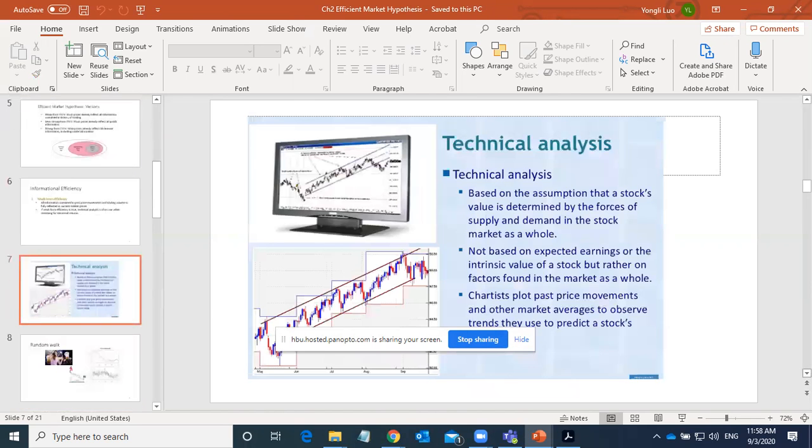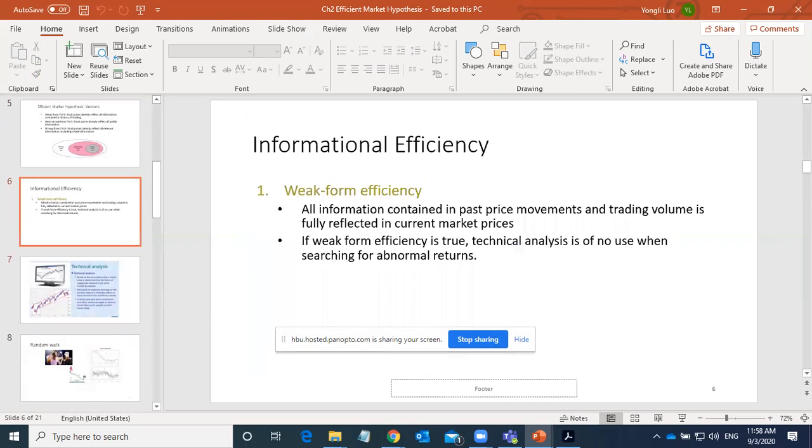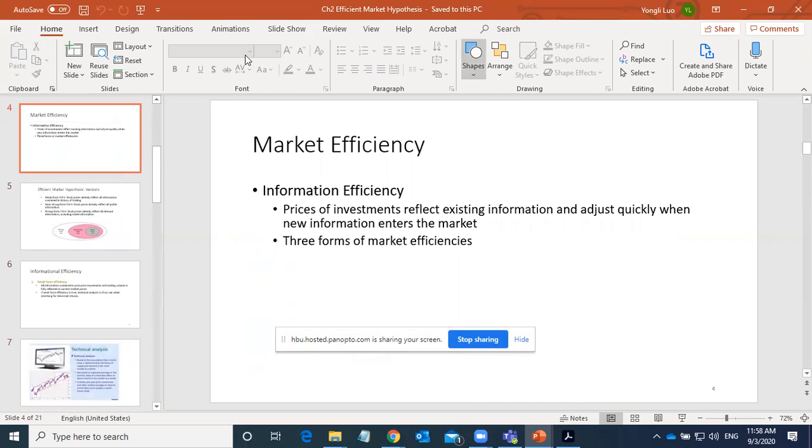Okay, talk about the market efficiency. I wanted you to know what exactly that is. Market efficiency says the price of an investment reflects existing information and adjusts quickly when new information enters the market.